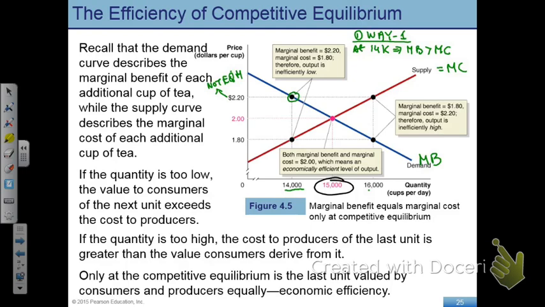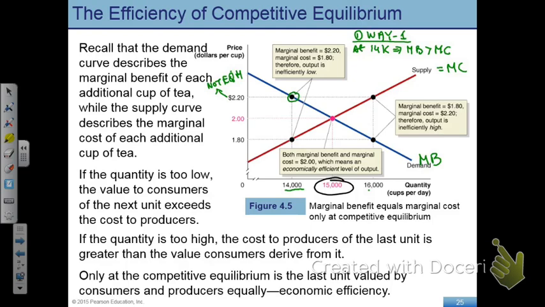So let's go back to this idea again. I am looking at an output level of 14,000. I am seeing that at that output level, the marginal benefit that consumers are getting is higher than the marginal cost of production. So what can we first say about the 14,000 output level? Is this output sufficient for our economy?